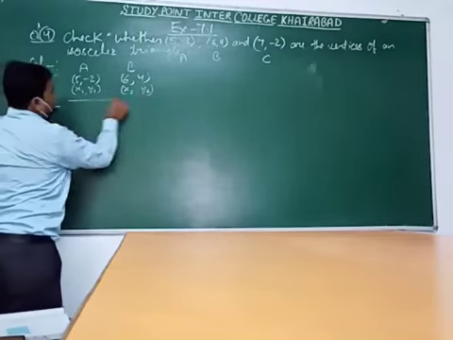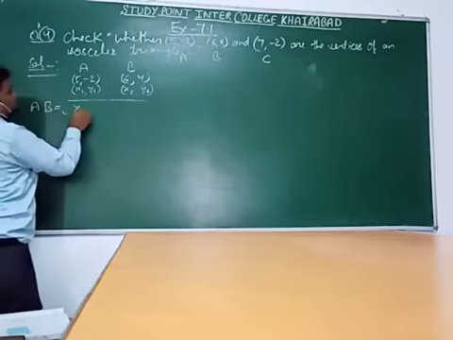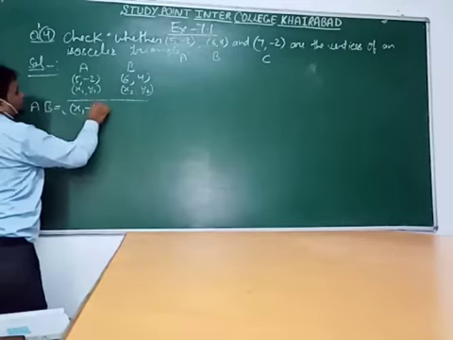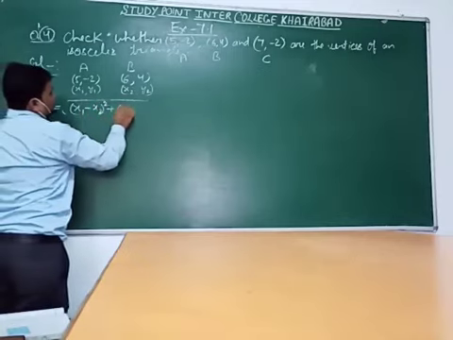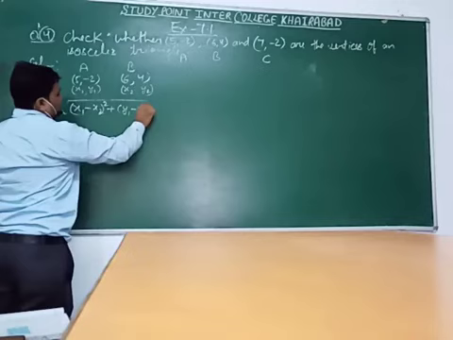AB equals the square root of (x1 minus x2) whole square plus (y1 minus y2) whole square.